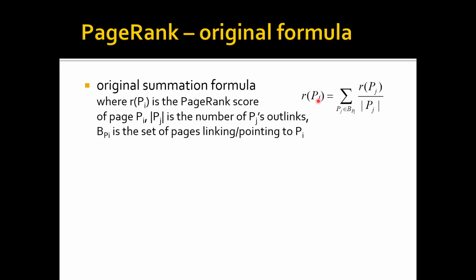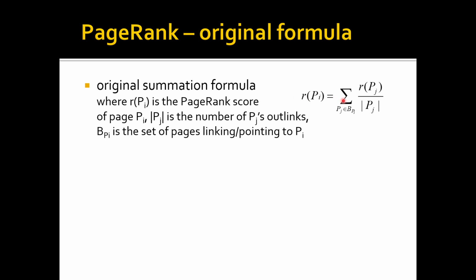So for PI, all of the inlinks of PI lead to nodes, and these nodes are the set BPI. So we take all of the nodes PJ that refer to PI, compute their PageRanks, then normalize their scores by the number of their outlinks, and then we sum it, and that's the PageRank.